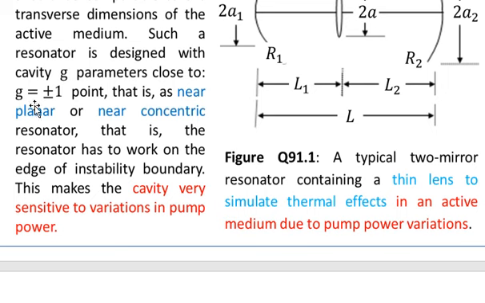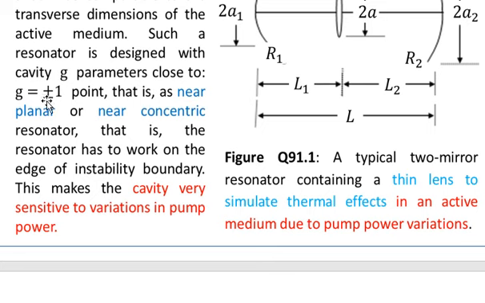So you see that the curve G equal to plus or minus 1, which is in principle G1 multiplied by G2, is the curve beyond which the system becomes completely unstable. So this is the instability curve.